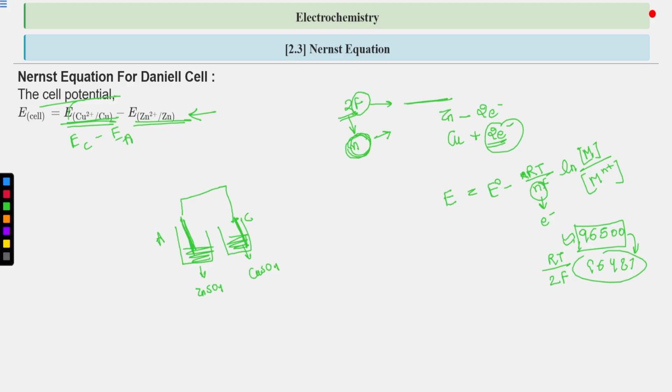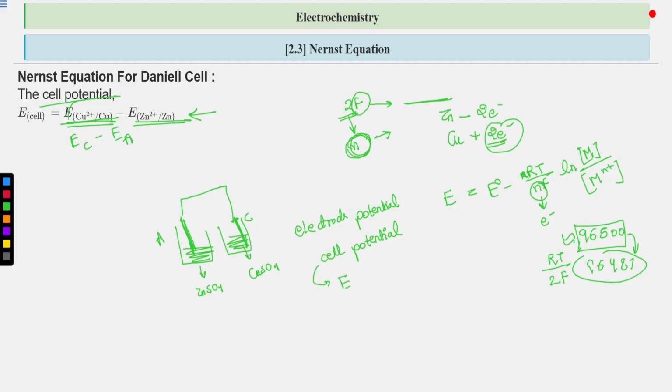Now, they have their specific electrode potentials, but as the cell is constituted by both electrodes joined with the wire, the cell potential is basically the difference between the two electrodes.